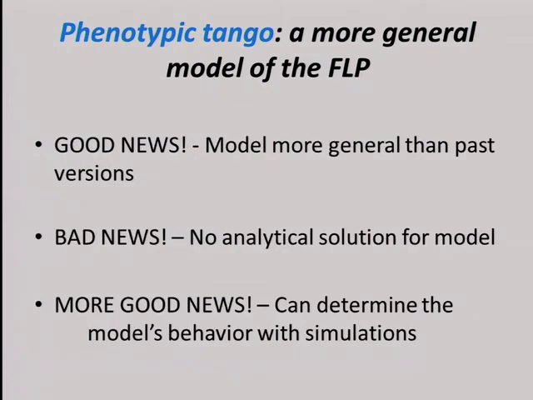Okay, so there's good news and bad news about the model. The good news is the model's more general. We've got selection, it's multivariate, it's selection and drift. The bad news is that it's just complicated enough that I can't solve it analytically. And what I mean by that is I can't derive an expression. We know that the distribution of the trait and the preferences is going to be 4-variable normal as a function if we take a time slice.